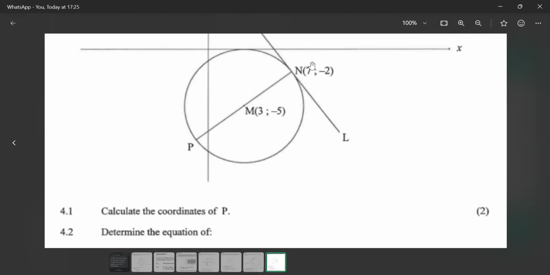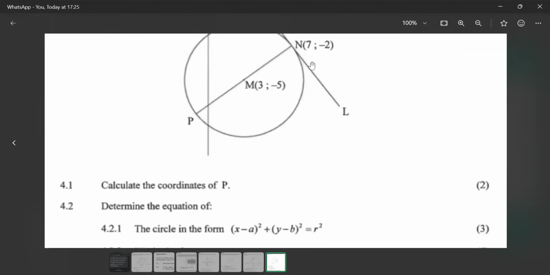But the most important thing is the line PN is the diameter connecting P to N. So if PN is the diameter, then it means M is the midpoint of this line PN. So we just need to use the concept of the midpoint in order to find the coordinates of P. So let's go ahead and do that.